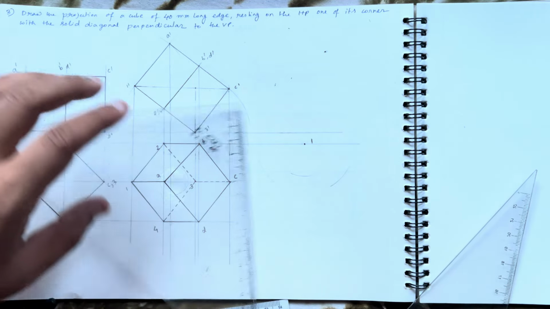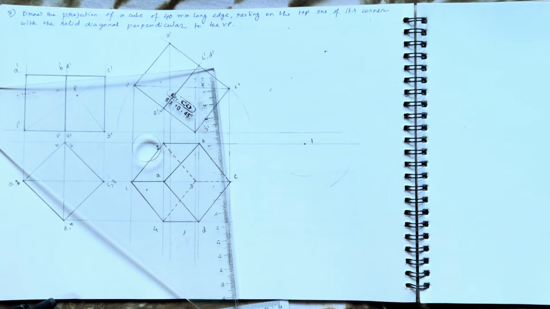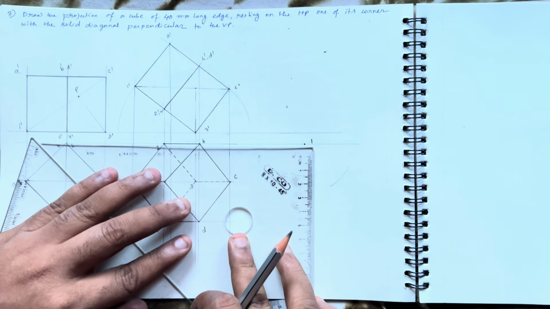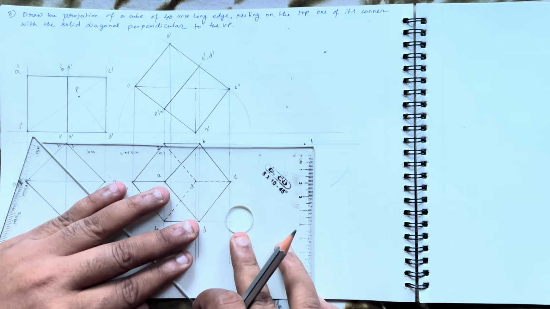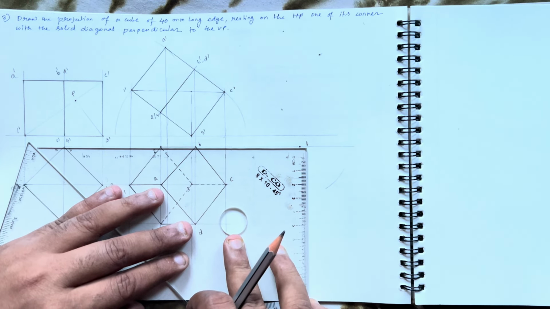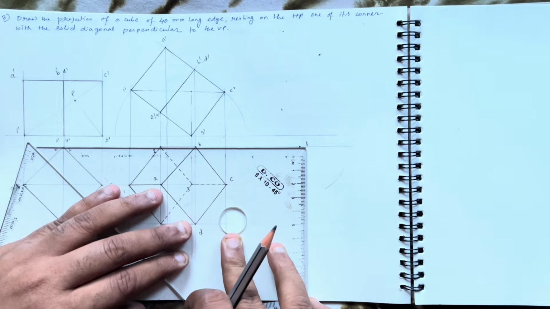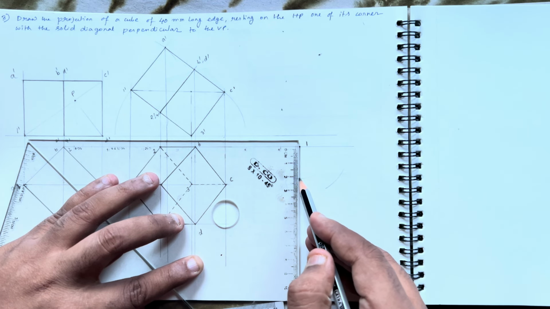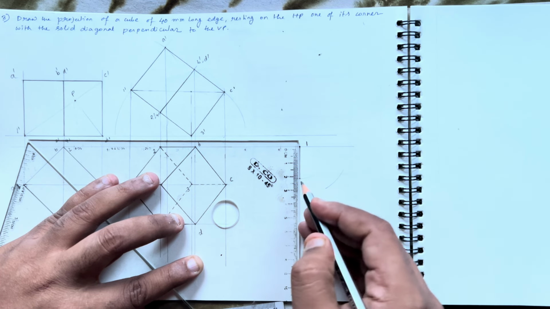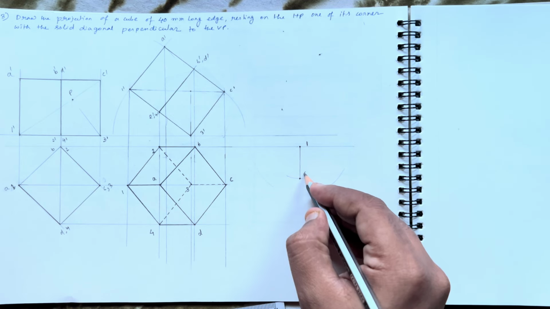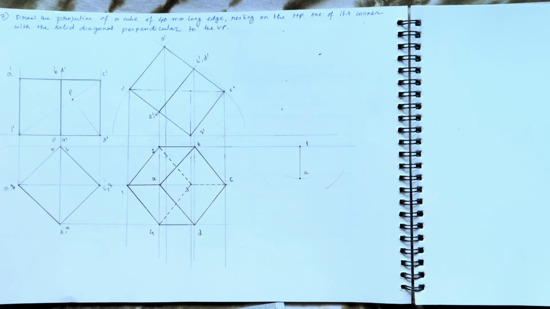So make a horizontal vertical line to get the point A. So this is your point A, name it.